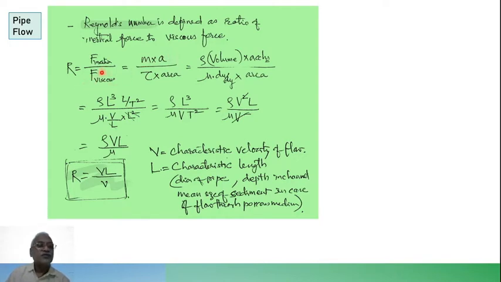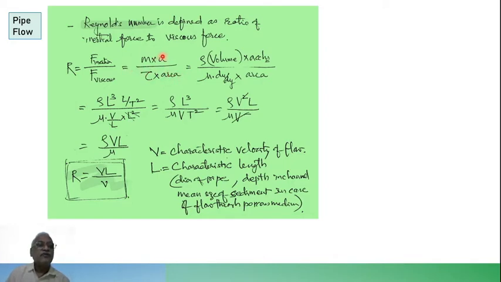What is viscous force? There is a shear stress because of viscosity, multiplied by area, which gives you viscous force, Fv. We have done it in earlier classes, if you remember. Shear stress developed because of viscosity into the area gives you viscous force.